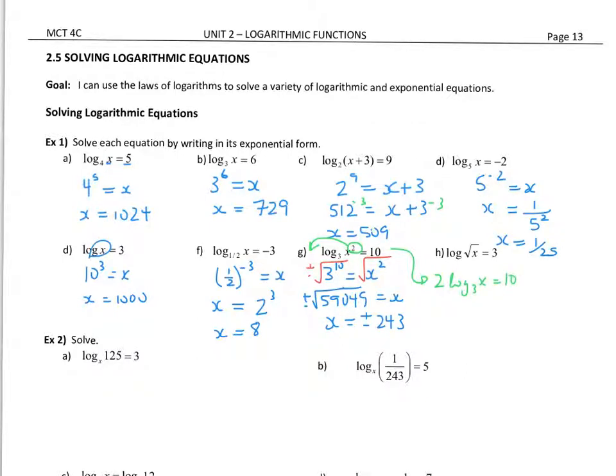And then what we could do from here is divide both sides by 2, and we get that the log with a base of 3 of x would equal 5. So 3 to the 5 is equal to x. X is equal to 243.